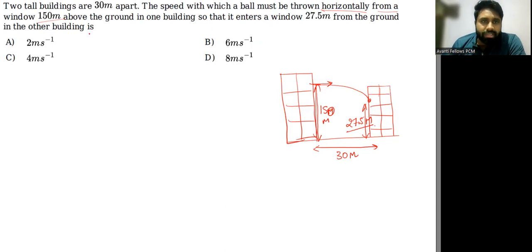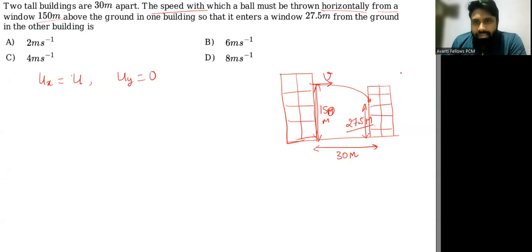So we need to calculate the speed with which the ball must be thrown. Let's say the ball is thrown with a velocity u. Initially the ball is thrown horizontally, so the initial vertical velocity uy is 0.